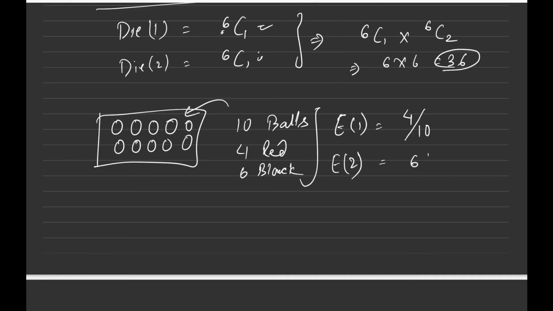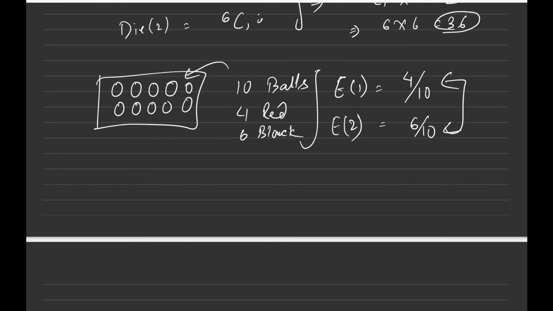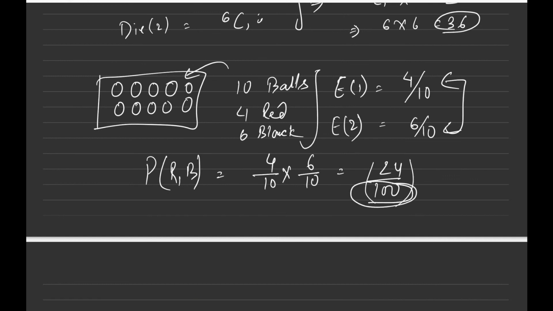You will say getting black is 6 divided by 10. Now if I ask you to combine these, what is the probability that I get red first and black then, you will say it is 4 divided by 10 into 6 divided by 10, right?